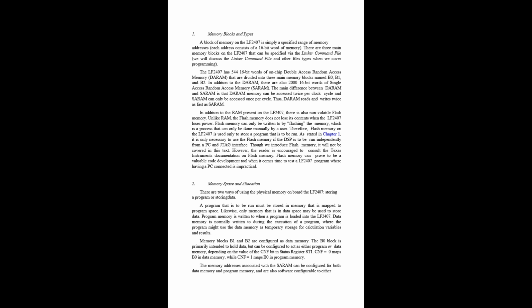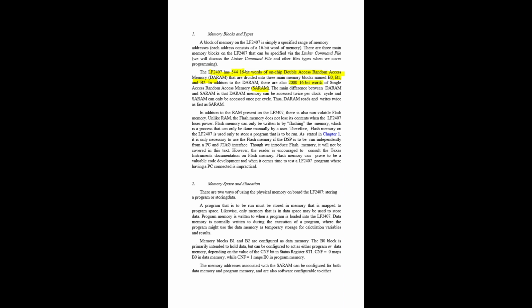And here we will see that the LF2407 IC has 544 16-bit words of on-chip dual or double access random access memory. This B0, B1, B2 and all we have already seen. And the SA memory, single access memory, how many are there? 2000 16-bit words.